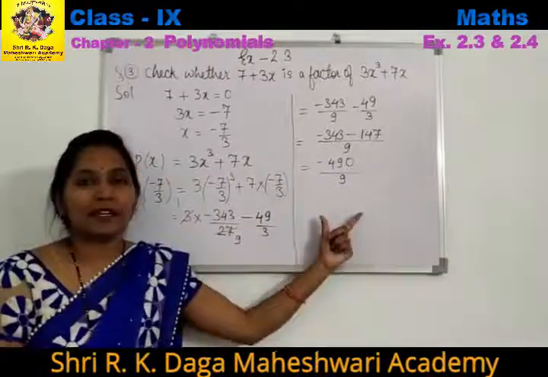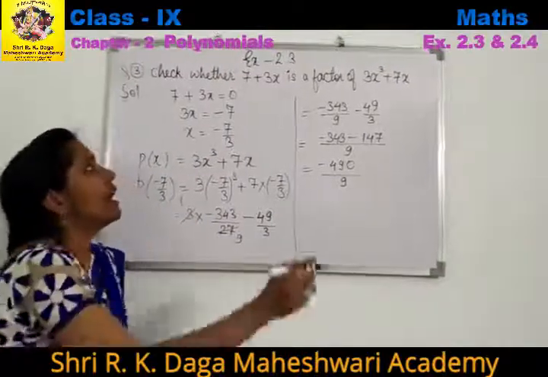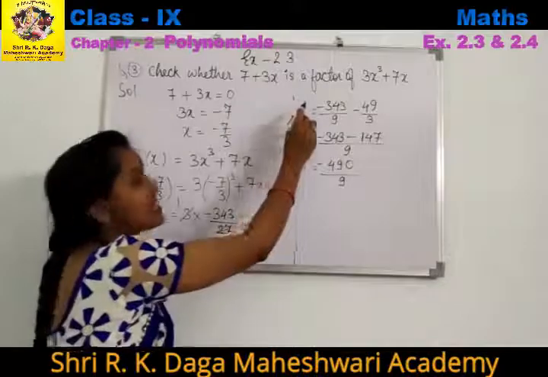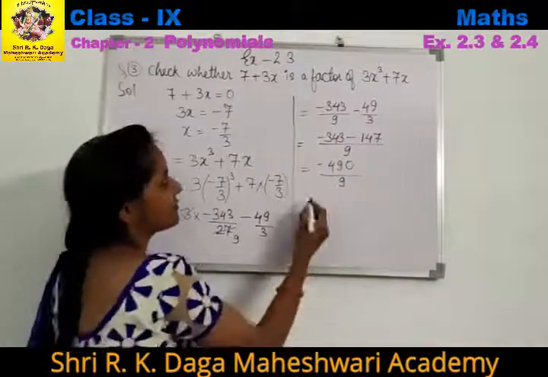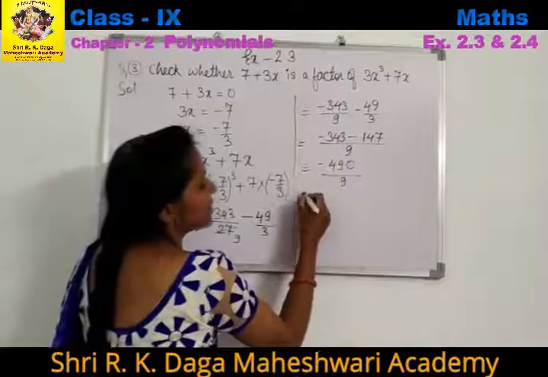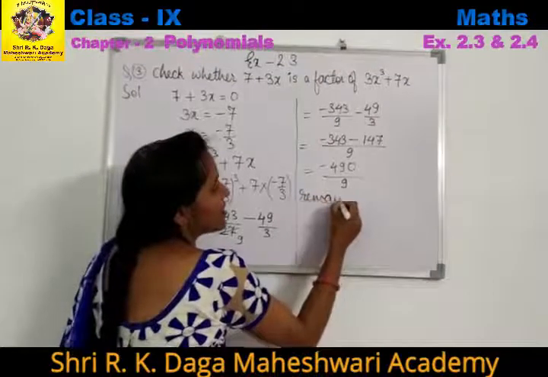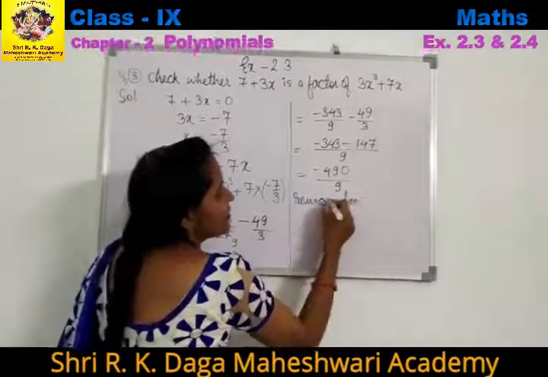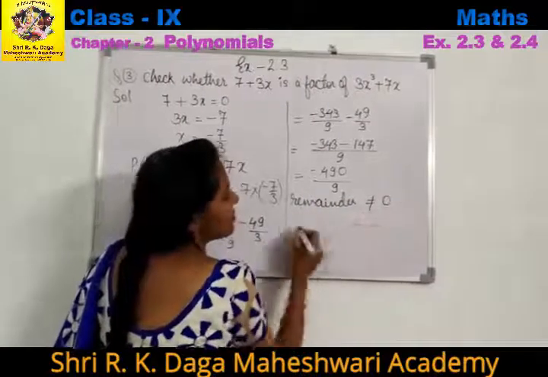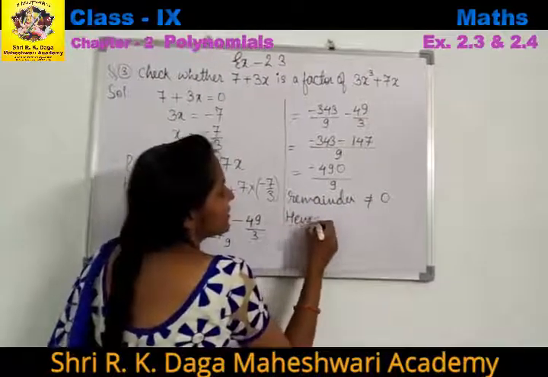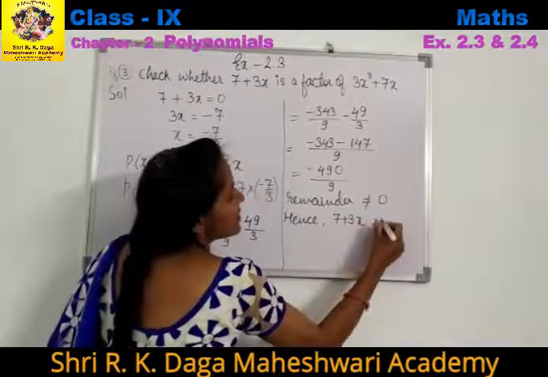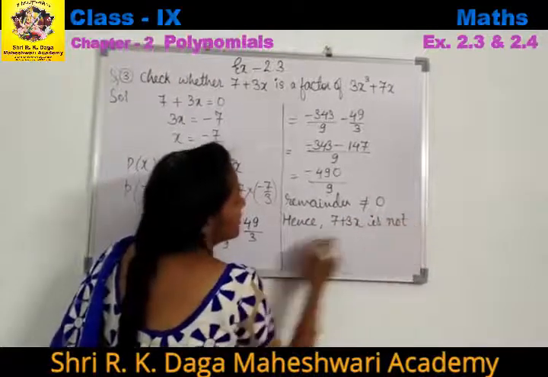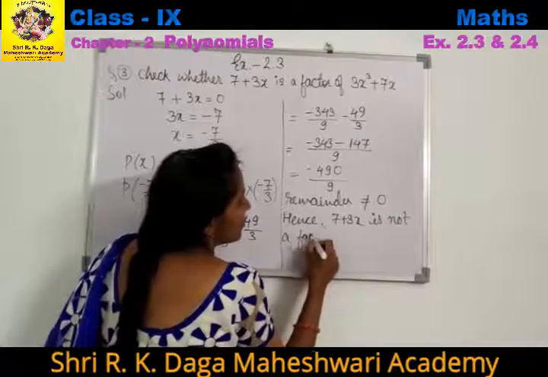Since this remainder is not equal to 0, hence 7 plus 3x is not a factor of 3x cube plus 7x.